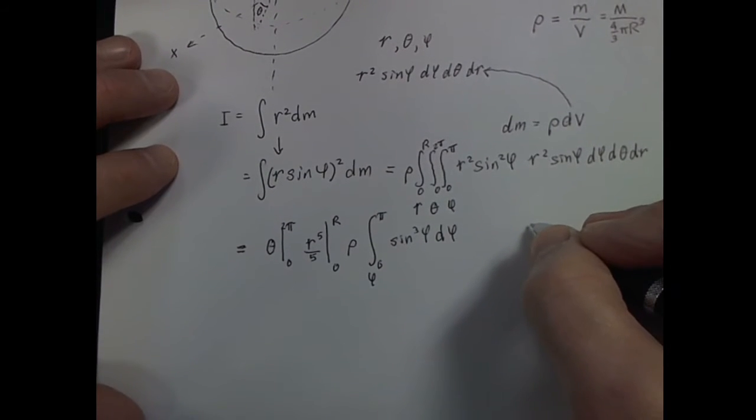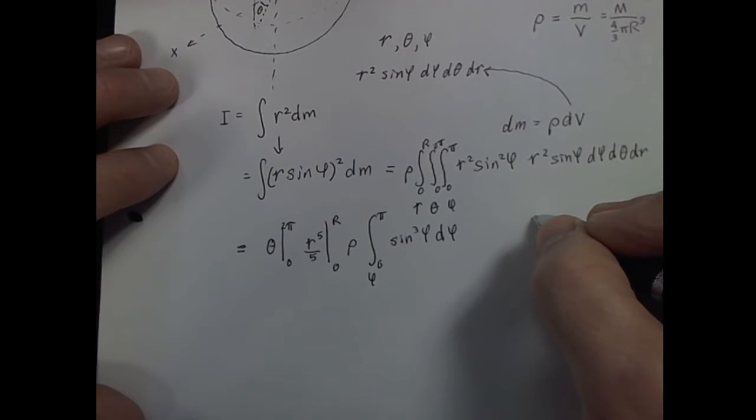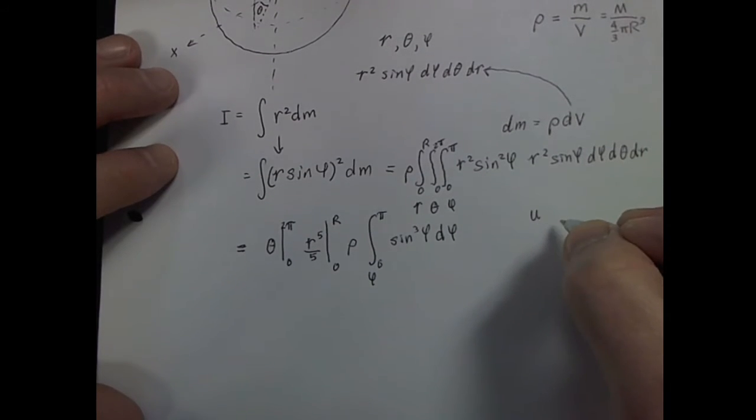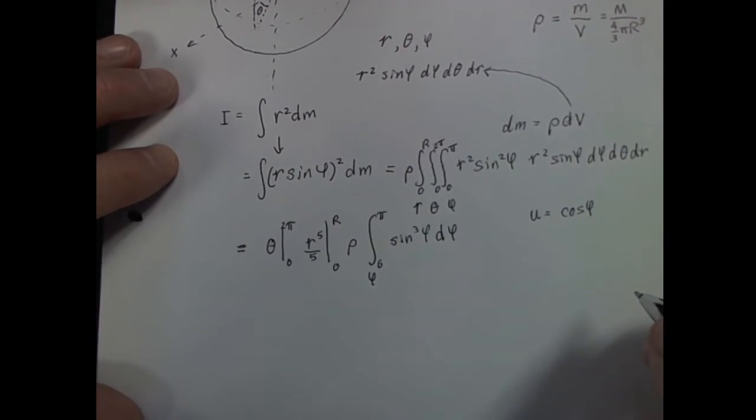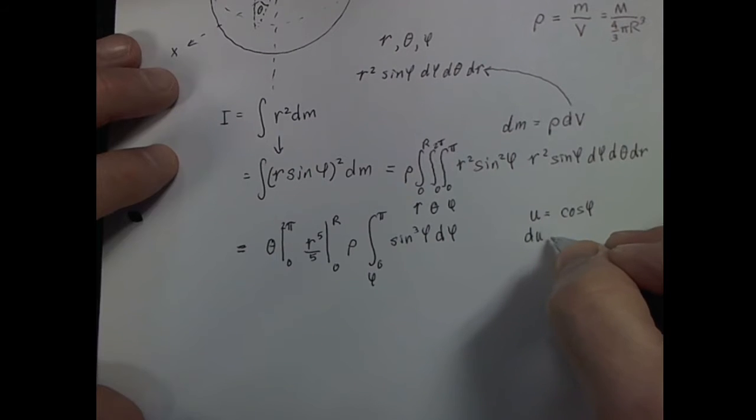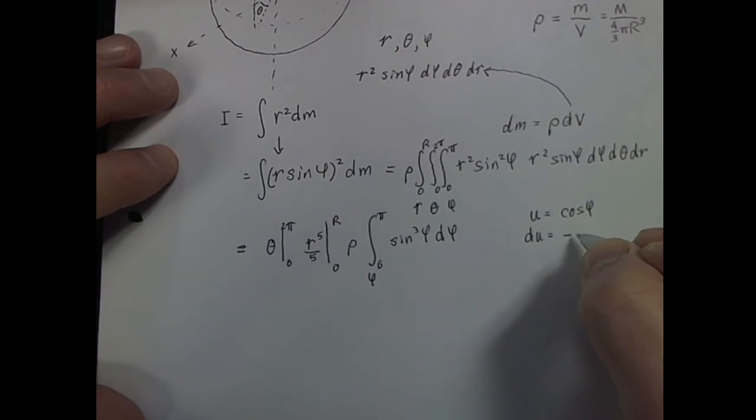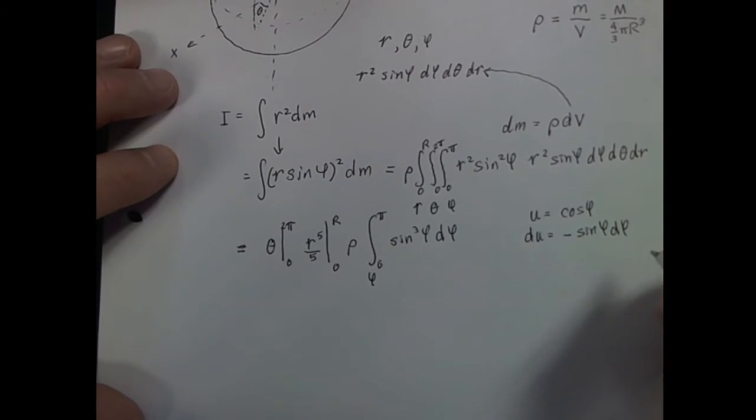So let me do that. I'm going to make the substitution that u is cosine phi. Then du would be minus sine phi d phi.